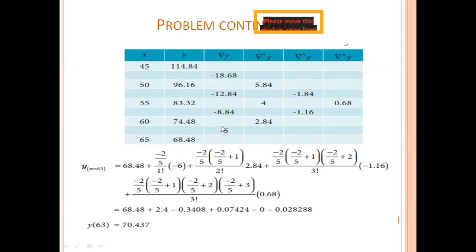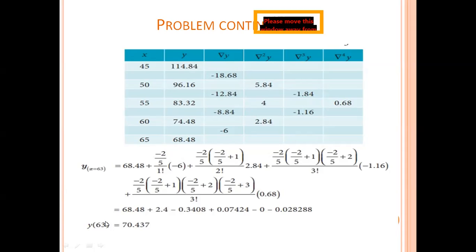In the forward difference problem we consider the first value for del y0, but here we consider the last value, because in the formula we are using del yn. So that's why I am considering the value minus 6. Similarly, in the second term I am considering 2.84, in the third term I am considering minus 1.16, and in the last term we are considering 0.68.